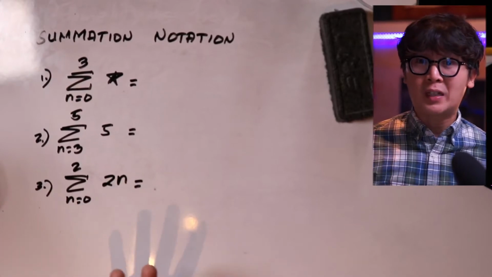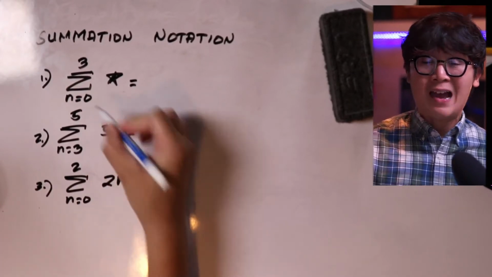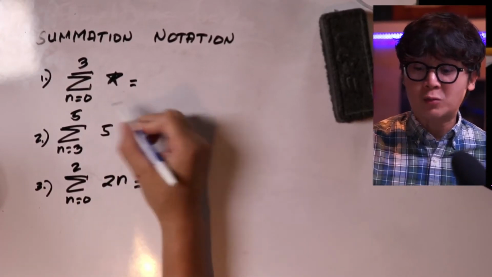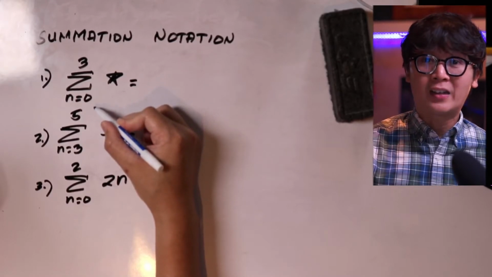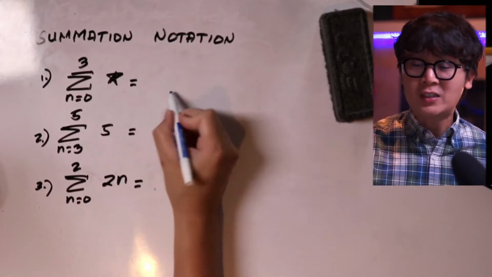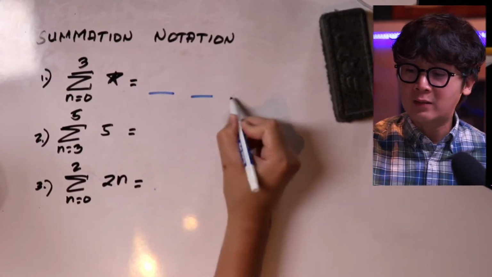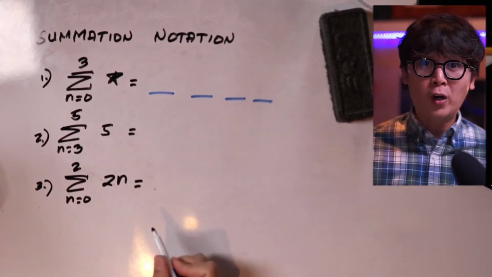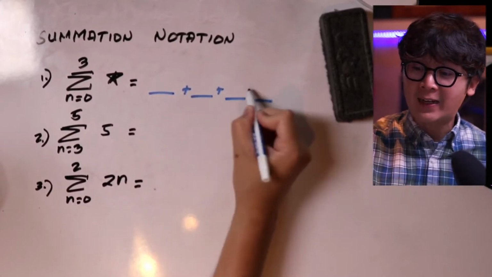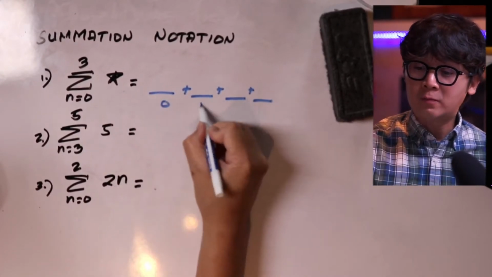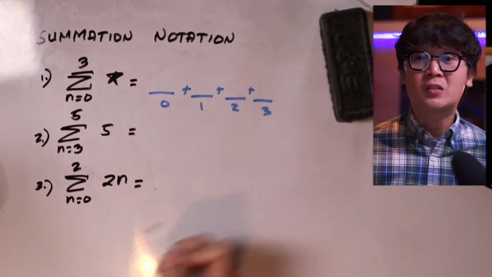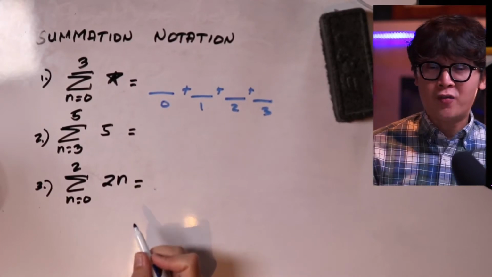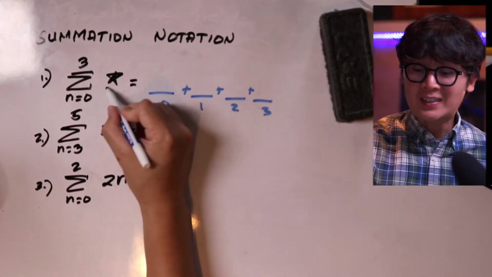The first thing we need to do is set it up. The lower limit is 0, which means we start at 0 and go all the way to 3. So we have 0, 1, 2, 3, which is 4 terms that we are going to be adding. The expression we are using is this star.